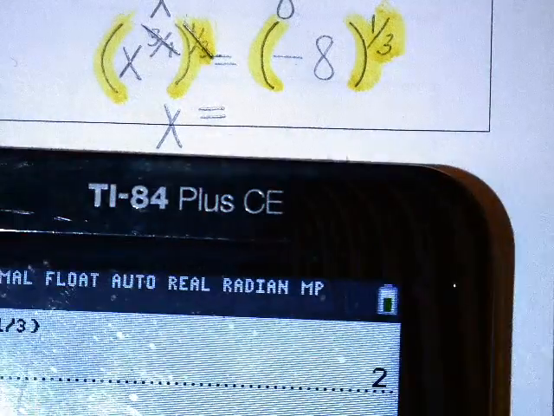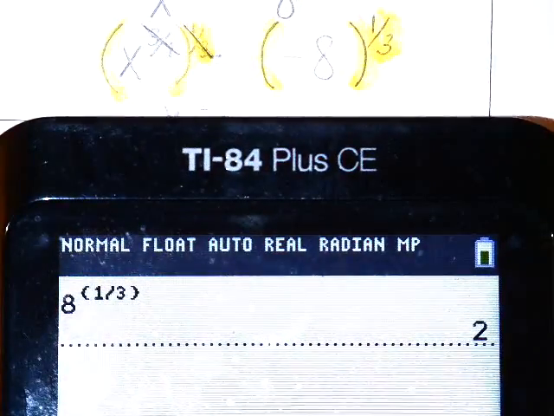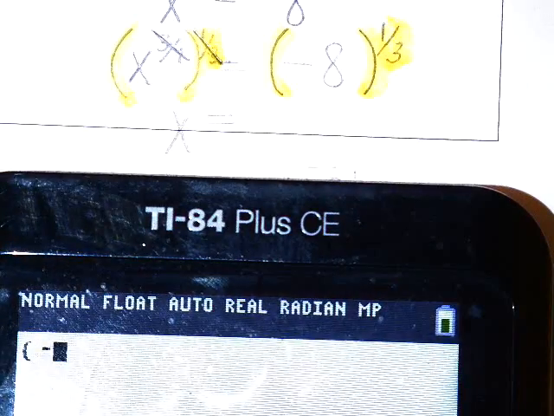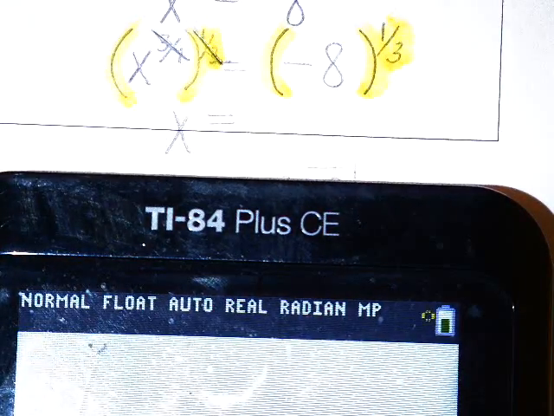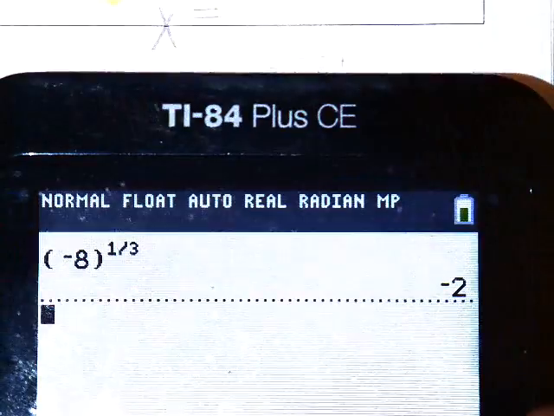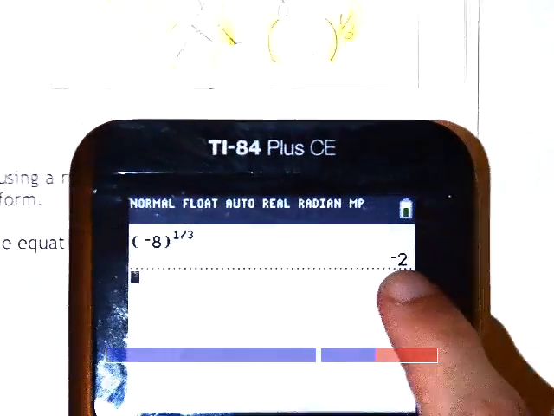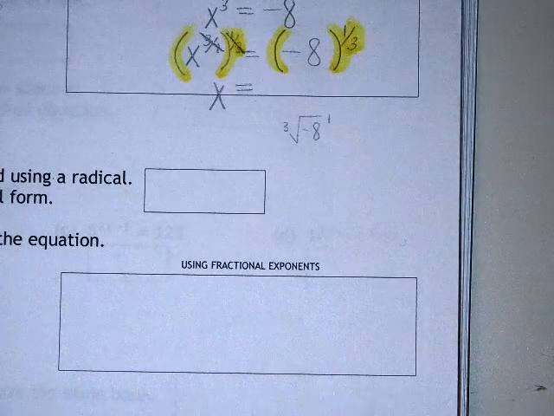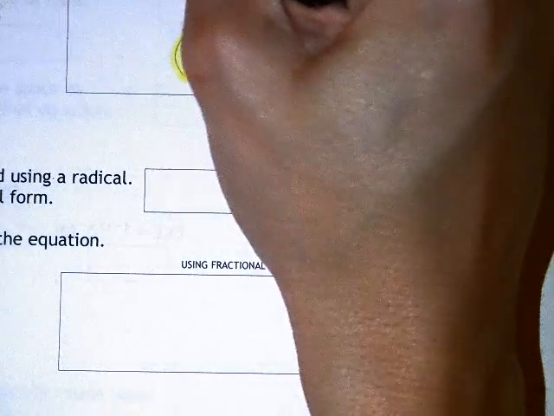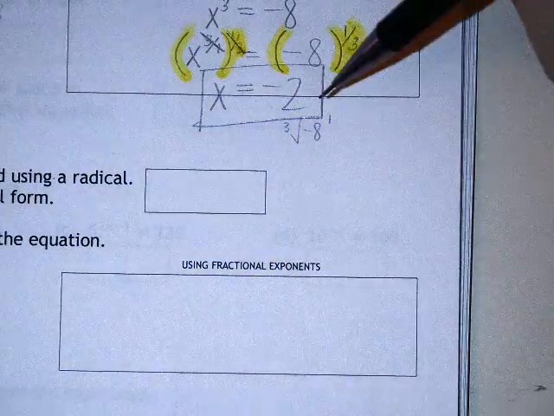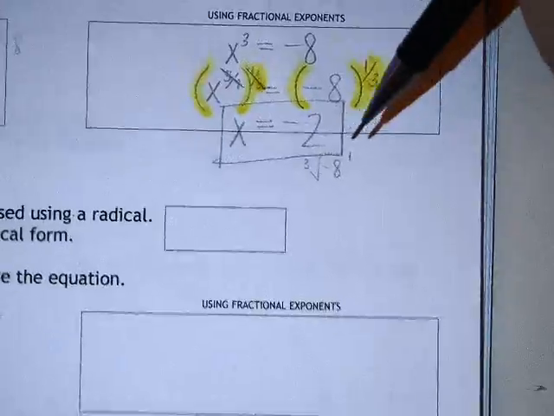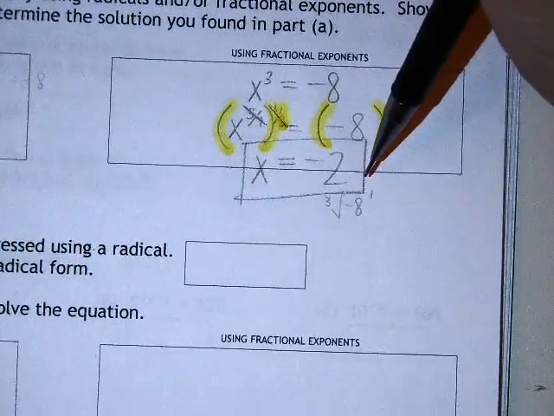We could type -8 to the power of 1/3, and of course, we could still get -2 from our calculator. So either way, we know for sure the answer is going to come out to be -2.